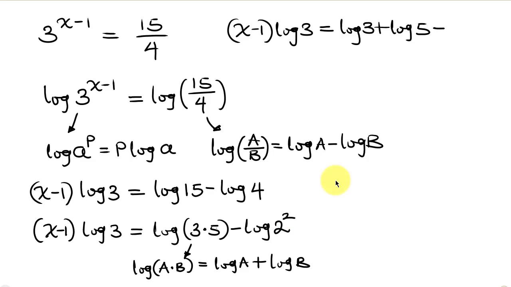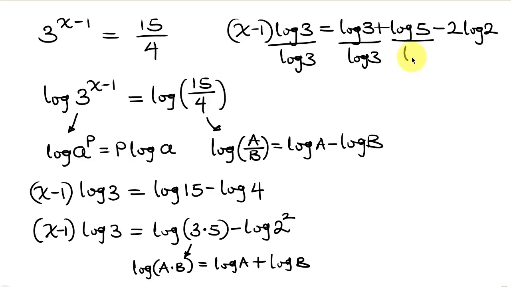We take the power, which is 2, multiplied by log 2, so 2 times log 2. Very good. Now our next step will be for us to divide through by log 3. So I divide this by log 3, this by log 3, this by log 3, and also this by log 3.